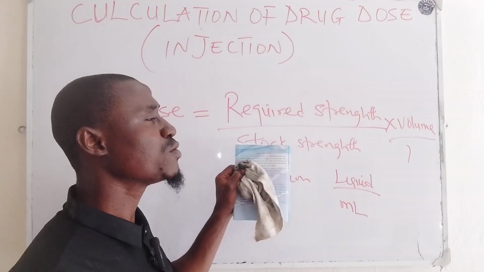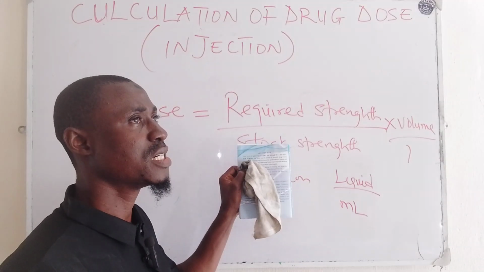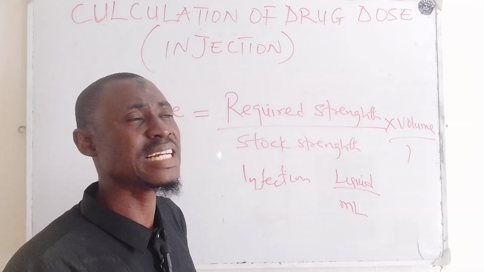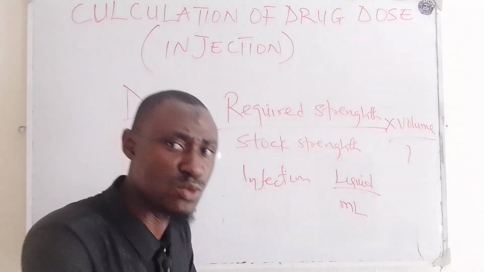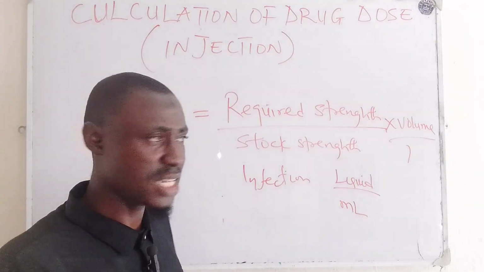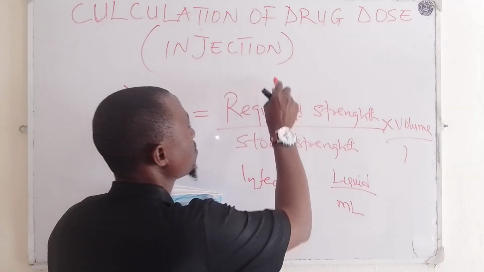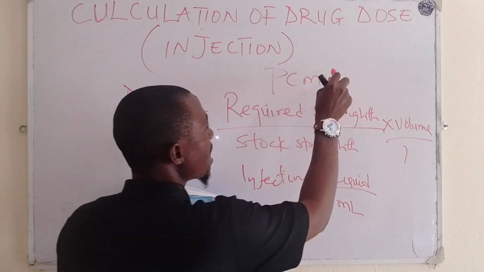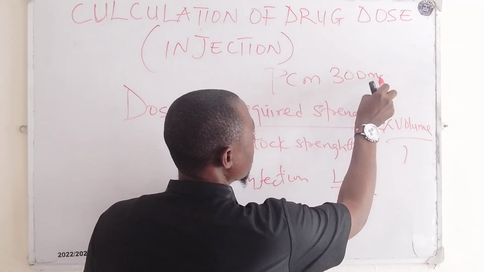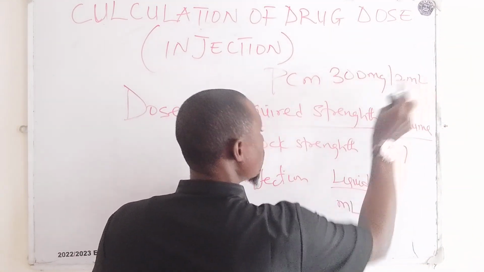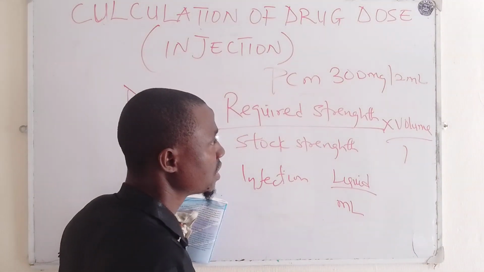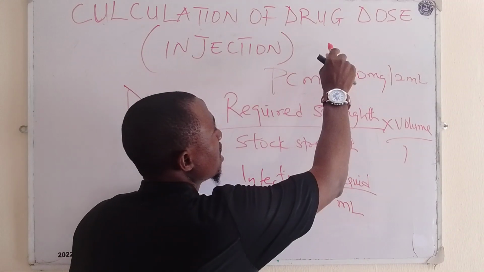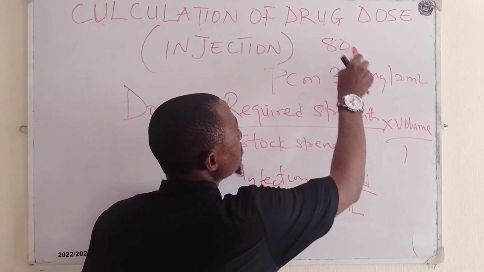Because if I ask you to withdraw a certain milligram from an injection, it will be difficult. But you can confidently get the equivalent of that dose in mils, then withdraw using your syringe. Take for instance paracetamol injection that comes as 300 milligram in a 2 ml bottle, and a child has been prescribed, let's say, 80 milligram.